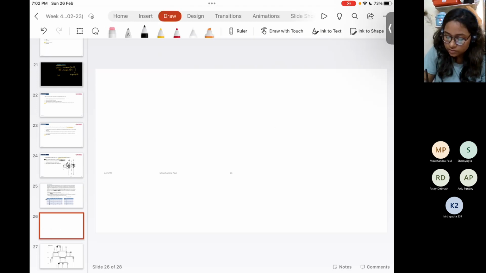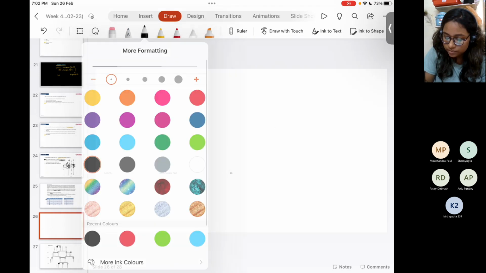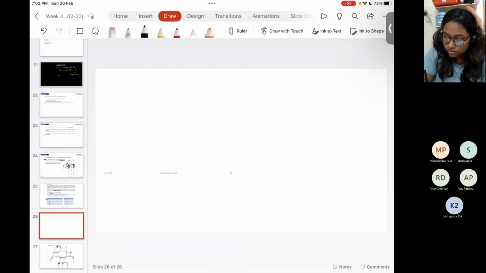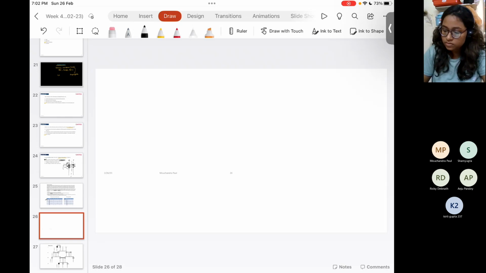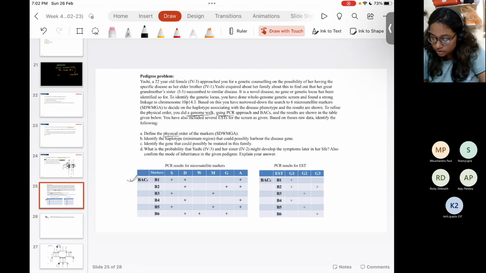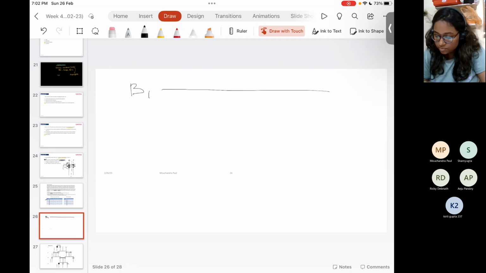Let's consider the first fragment, B1. In B1 you see that S, D and A are present.